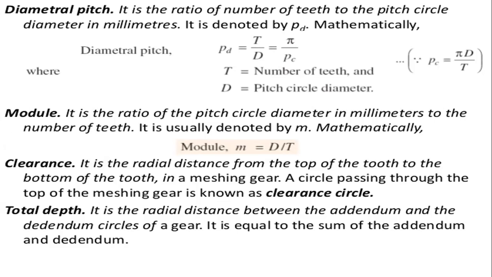And a circle passing through these two elements, the circle passing to the top of the meshing gear, is known as the clearance circle.